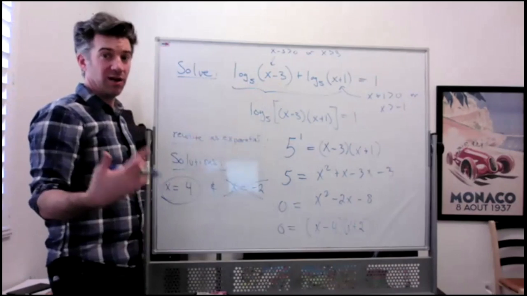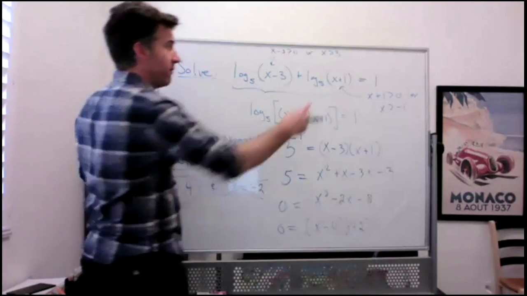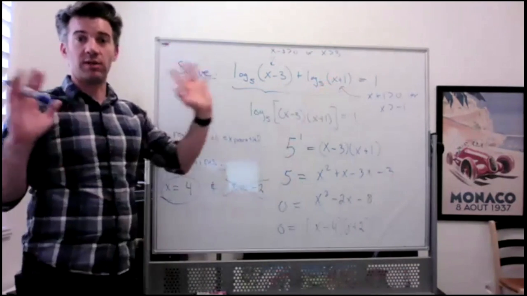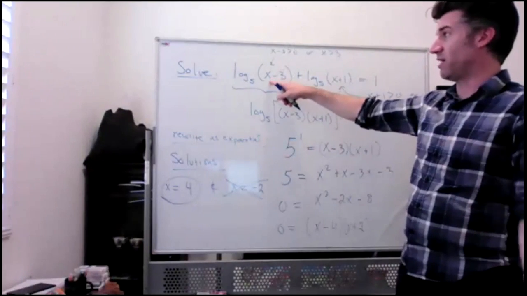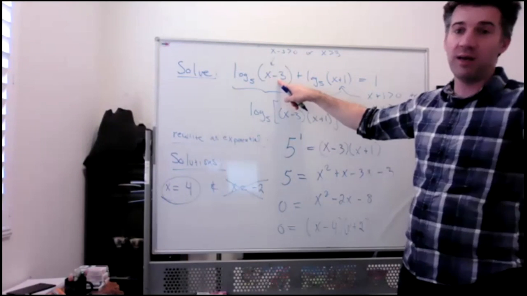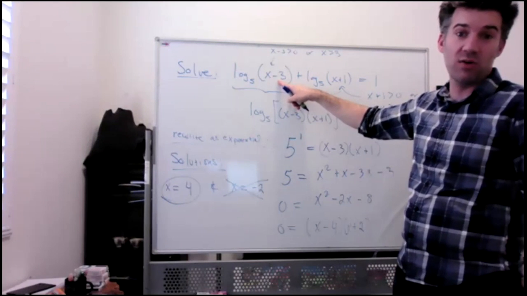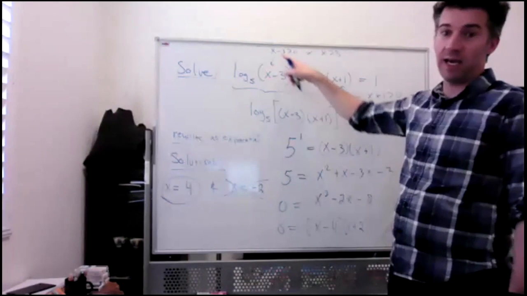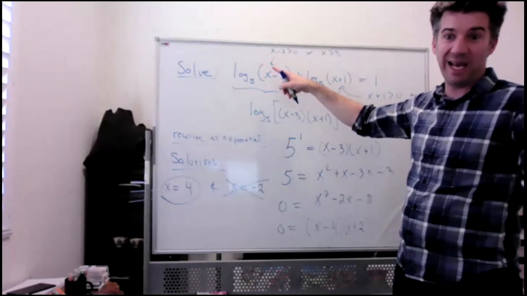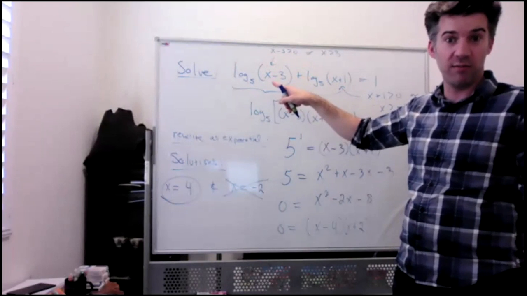Great. I can take the log of any positive number. 4 plus 1 is positive. Great. 4 is safe. On the other hand, if I plug in -2, -2 minus 3 is negative. I'm done. We're out. -2 is no good because it made the argument of the logarithm negative, and we can't take the log of a negative number.